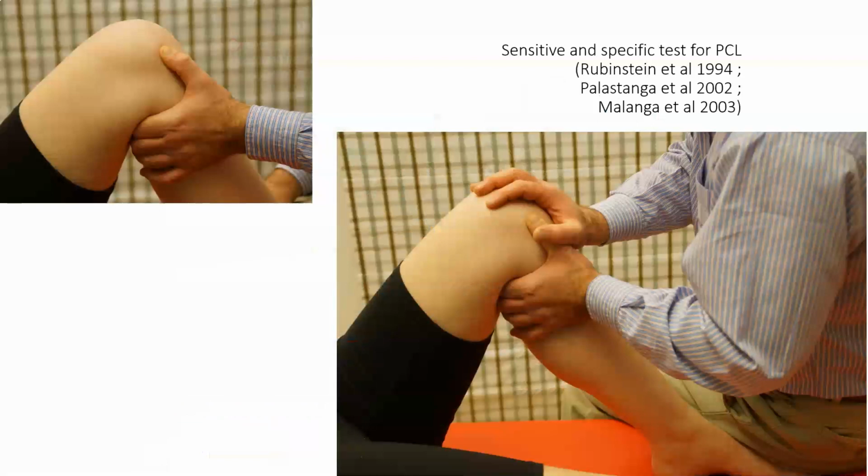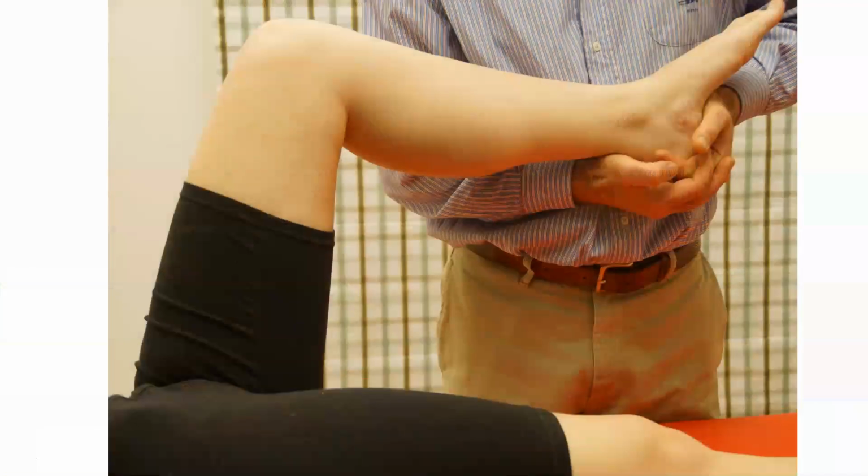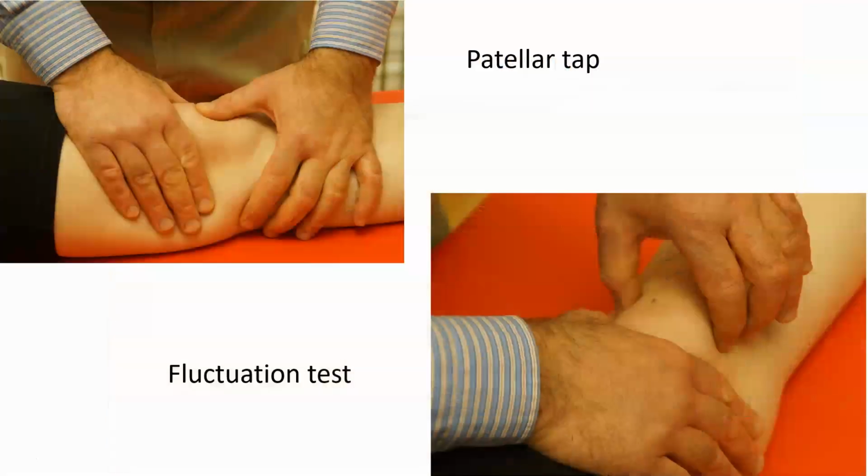Posterior shift: you palpate in the joint line and then you do a posterior shift, and with your thumb in the joint line you are looking for hypermobility. And then we have some resisted tests, resisted extension in relation to the quadriceps, of course, resisted flexion, the hamstrings, and then a few tests for swelling.